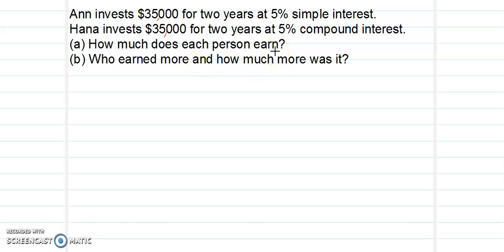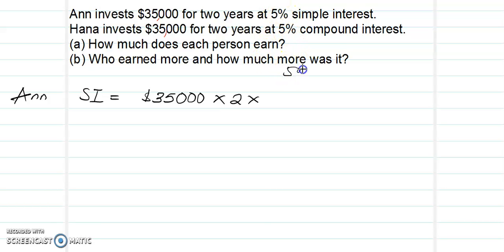Okay, now that means we have to calculate the simple interest for Anne. Simple interest gives us the principal, which is $35,000, times the number of years, which is just 2 years, and the rate at which we pay the interest is 5%.